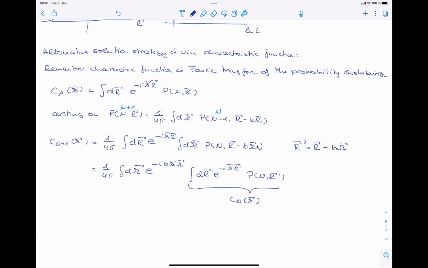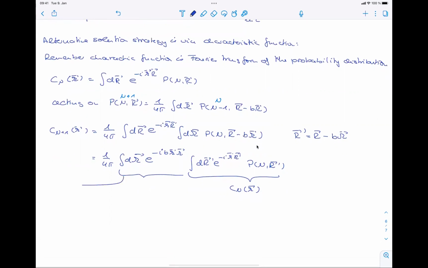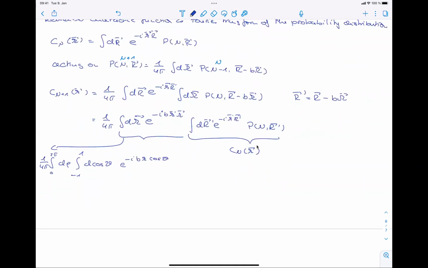And this integral here, we can solve, or we should solve. What we get here is, these were the integrals from 0 to 2 pi. Let me drag in the normalization, d phi, and from -1 to 1 of d cos theta. And then I can write this exponent here as bk cos theta. And that integral we can solve.